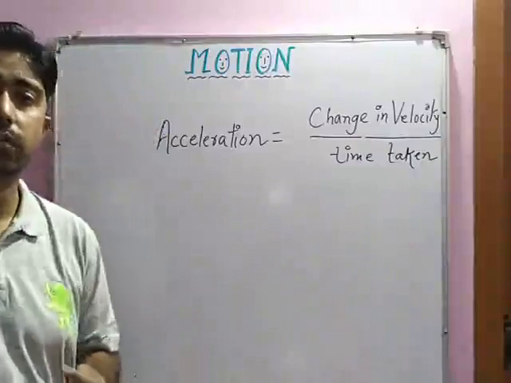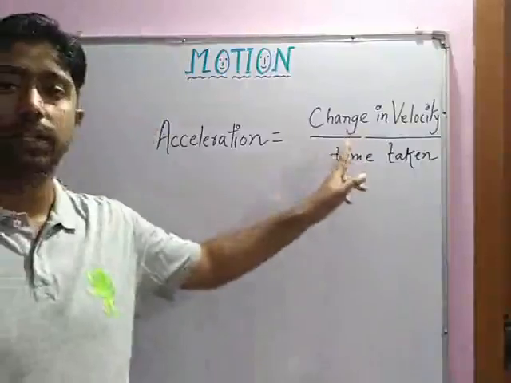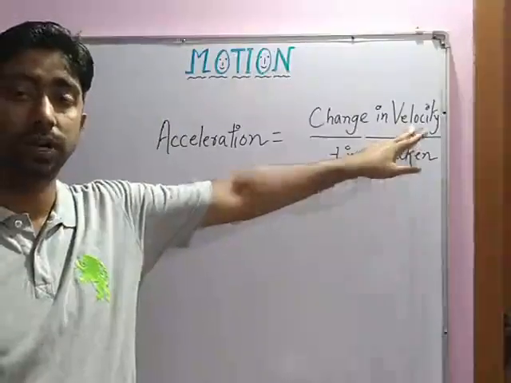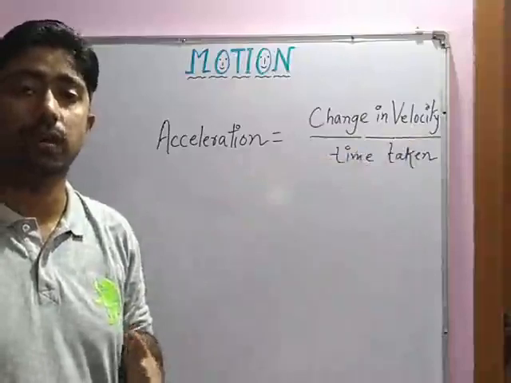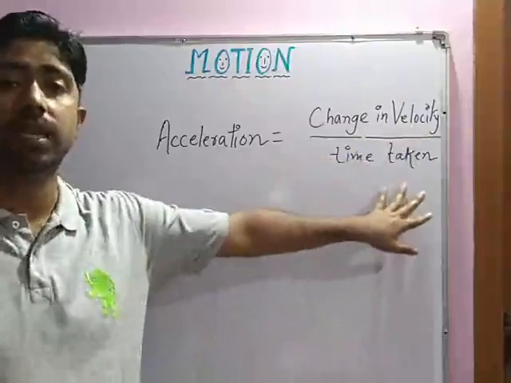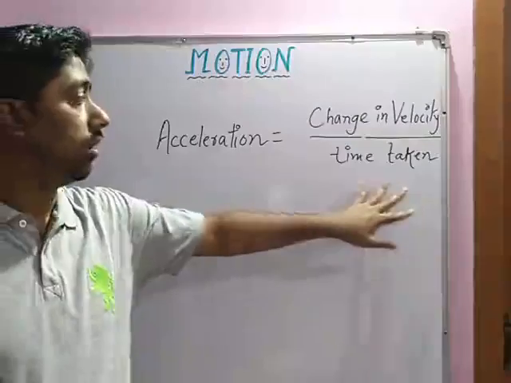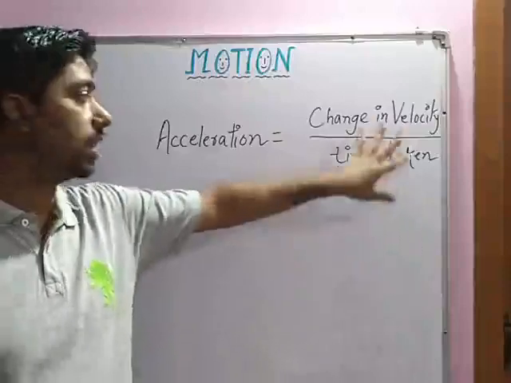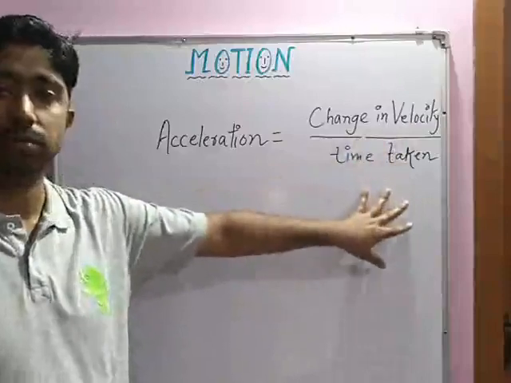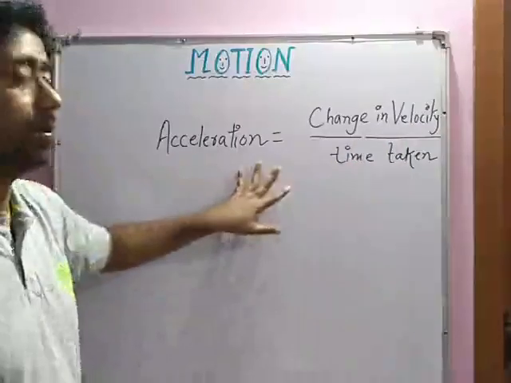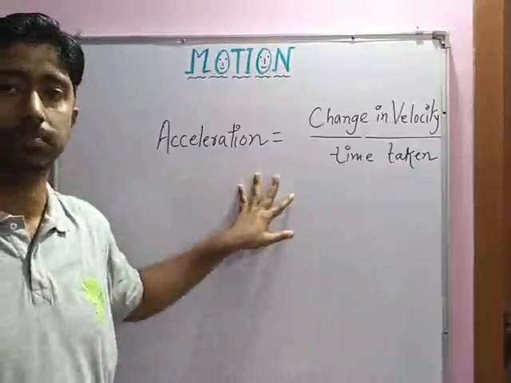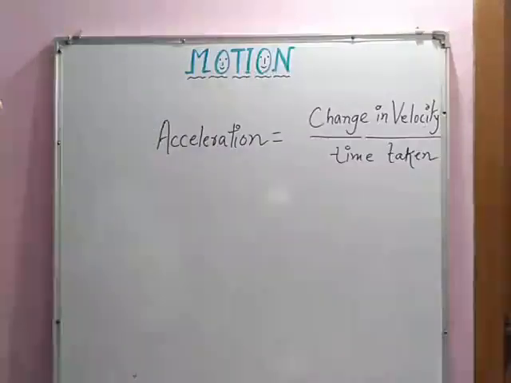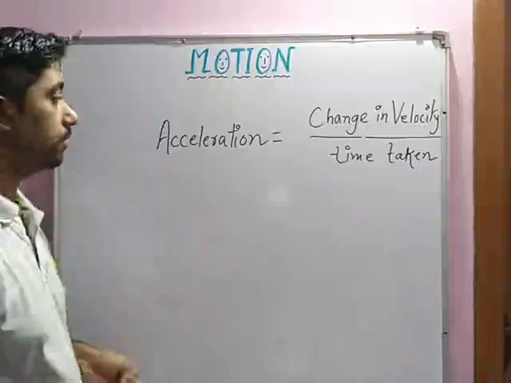So acceleration of a moving body is, you can see clearly here, whatever change is happening in the velocity of a body divided by the time taken for that particular change. The physical quantity that you obtain by doing so is known as acceleration of the body. Okay? We will understand this with an illustration also.